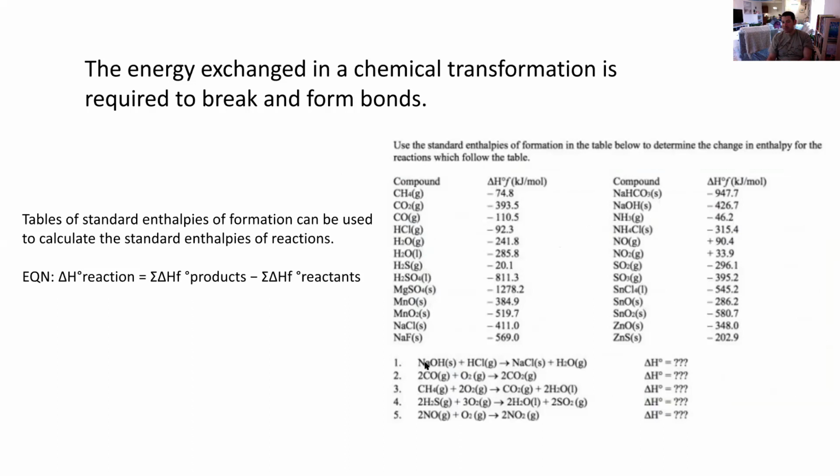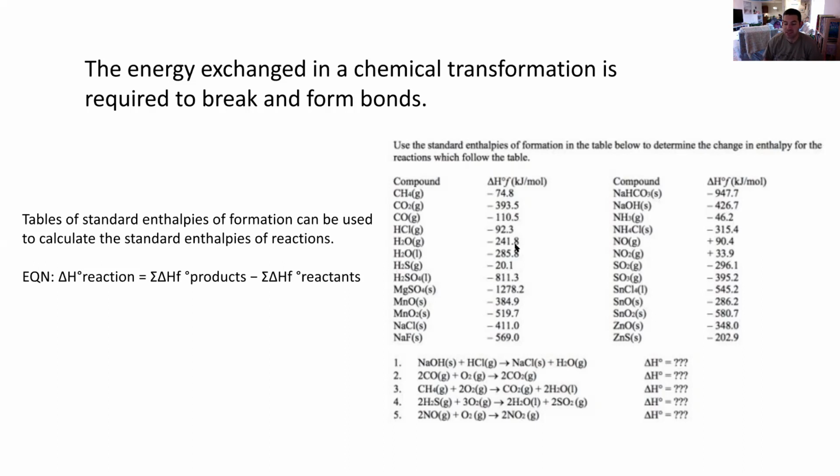So if we were to do this first example here, sodium hydroxide plus HCl forming NaCl plus water, it's the products first. So we would look up NaCl, that's negative 411. We would look up water, that is negative 241. We would add those. Because we get a lot of negative numbers here, it's very important to list everything in parentheses: do all of the products in parentheses minus all of the reactants in parentheses, all right?